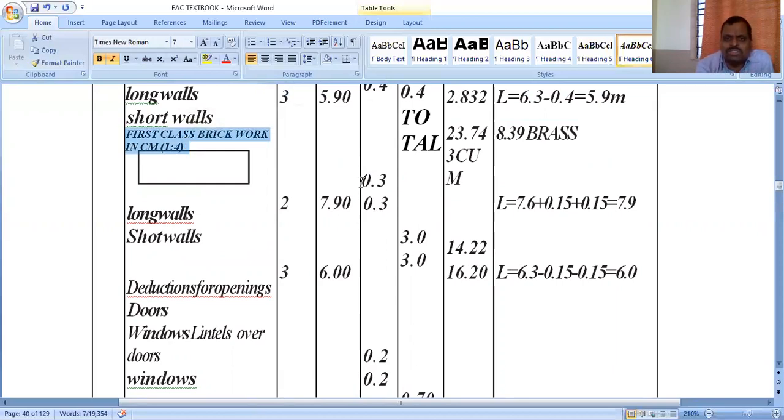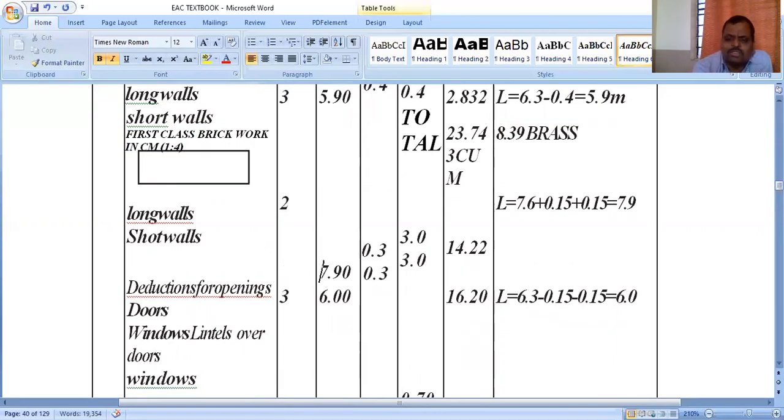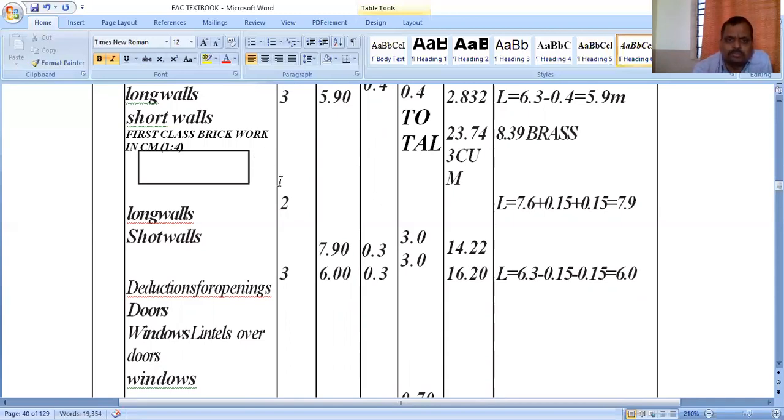Again, what we have to do is, it is also very simple. See here, again you have to calculate the length of the long wall as well as the length of the short wall. And after that, just write in the same manner.